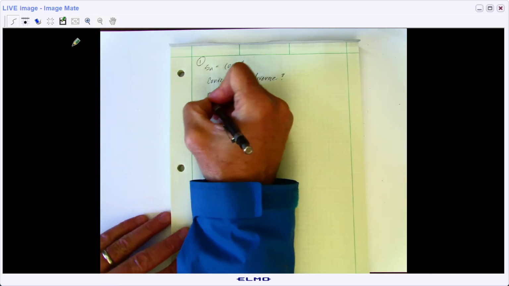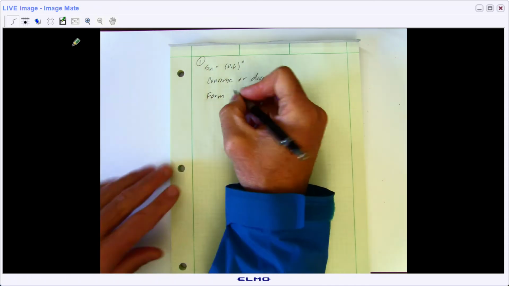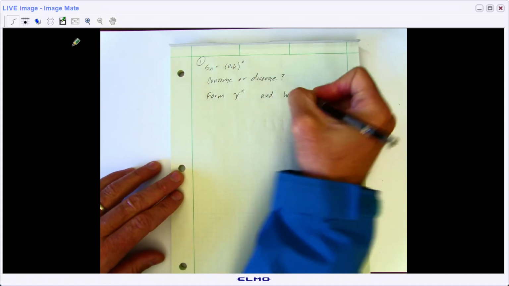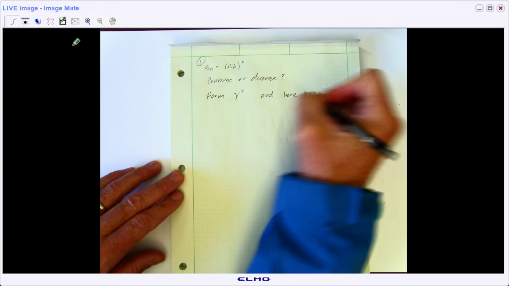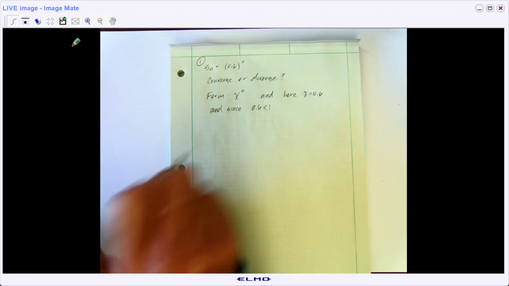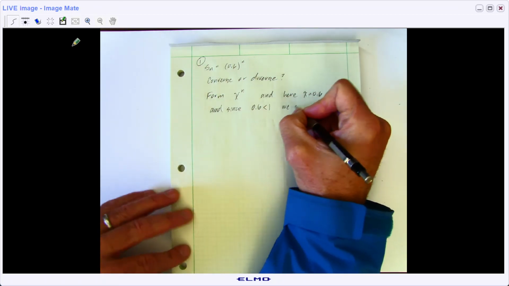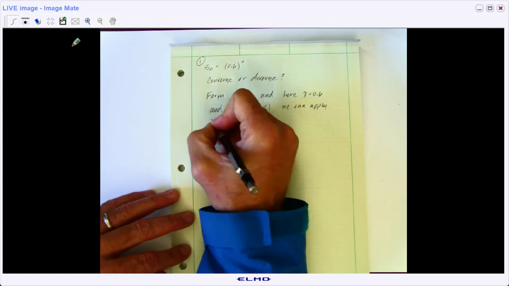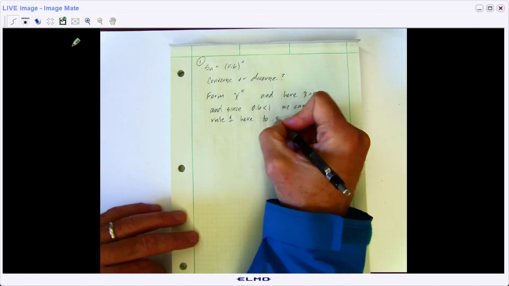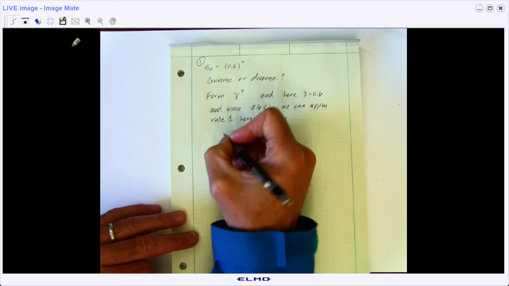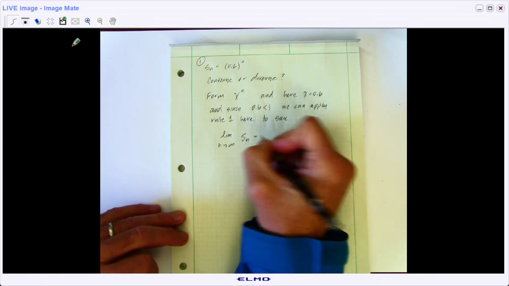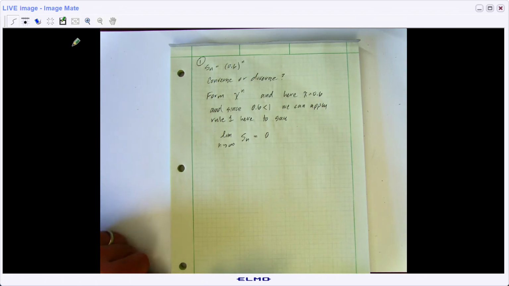Well, we can see it's in the form x to the n, and here x is equal to 0.6, and since 0.6 is strictly less than 1, we can apply rule 1 here to say that the limit as n goes to infinity of s sub n is equal to 0, right? So this one will go to 0. Should make sense to you.